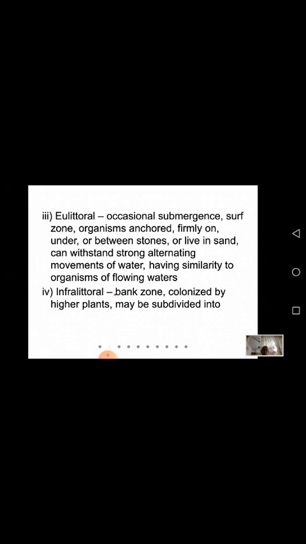The infralittoral zone colonized by higher plants may be subdivided: reed belt. While taking water, you will see that a community of reeds has been created, which is composed of Phragmites, and so these beds of plants of various nymphaeaceae with some Potamogeton, Myriophyllum and Ceratophyllum, etc. So what happens there is a clear demarcation.